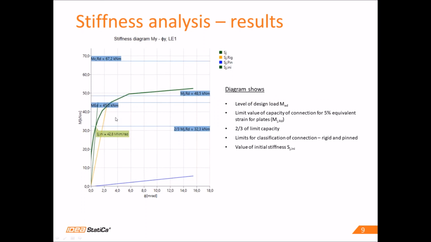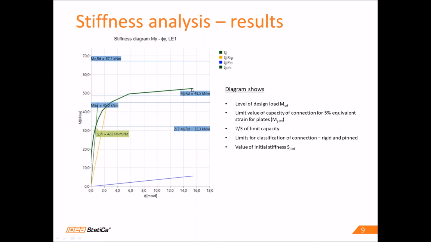You can see the level of design load. You can see the limit value of capacity of the connection for 5% equivalent strain for plates and 2/3 of the limit capacity.